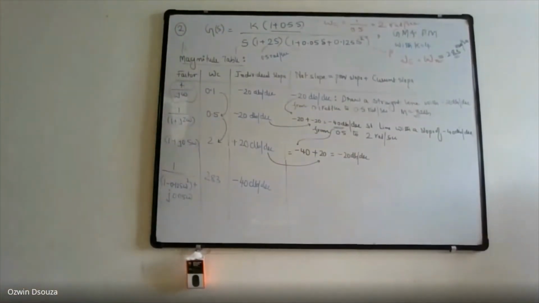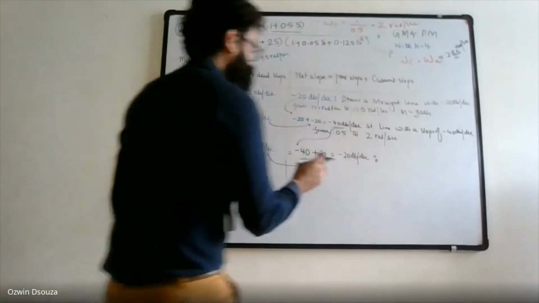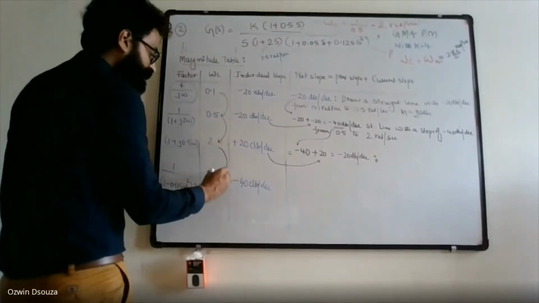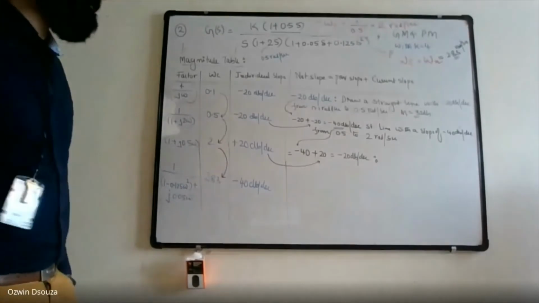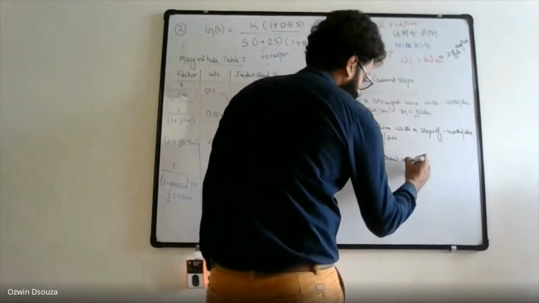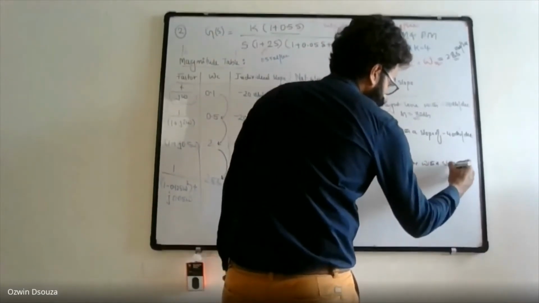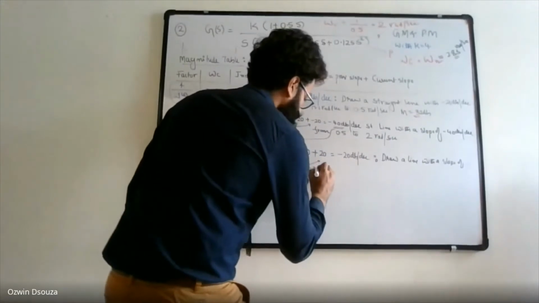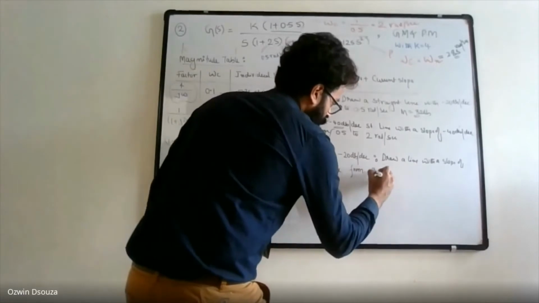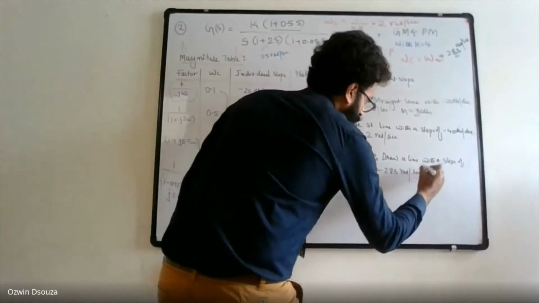So you need to draw a straight line with a slope of minus 20 decibel per decade from 2 radians per second to 2.83 radians per second.